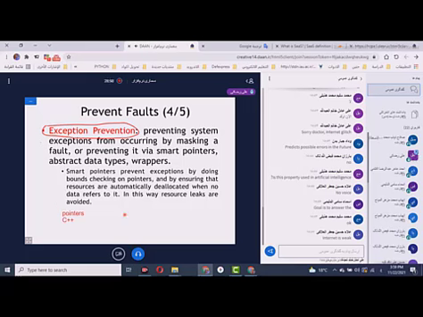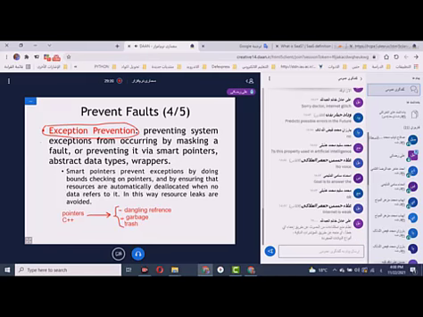Using pointers may cause problems like dangling reference, and also they may cause garbage, or some people may say trash. Using pointers may cause dangling reference or garbage.